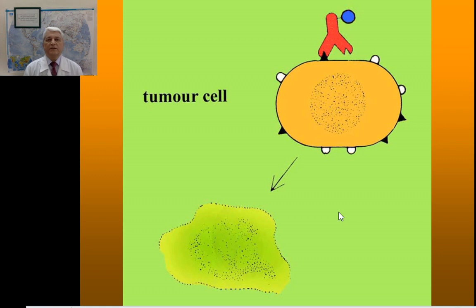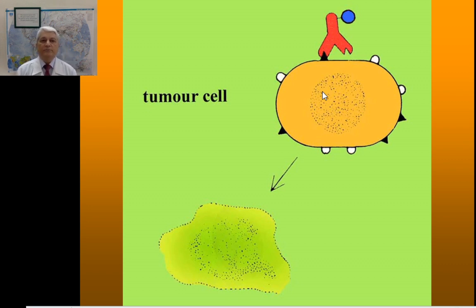I want to say that now we have many different drugs on the base of monoclonal antibodies, which are very effective against different types of tumors. Sometimes we don't even need to combine monoclonal antibody with the poison, because after interaction of the tumor cell with the antibody, the complement system will kill this tumor cell.